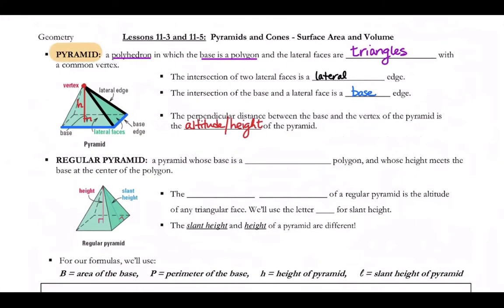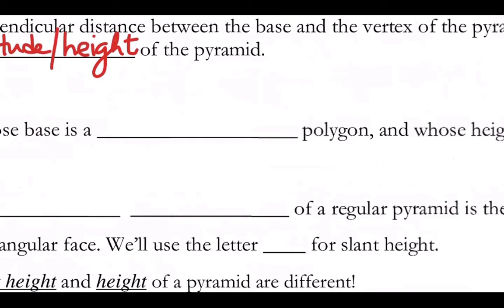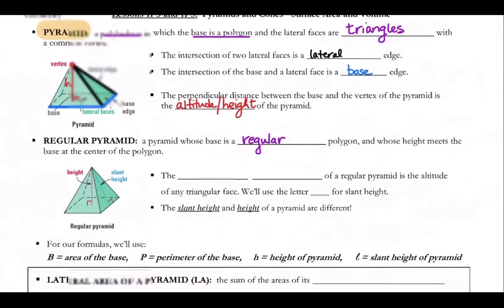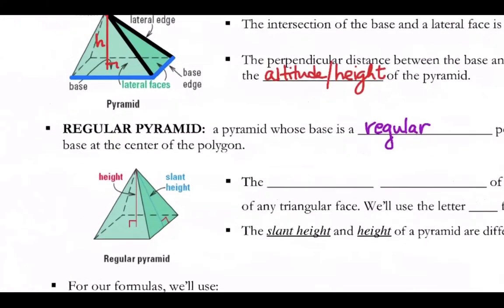Okay, all of the pyramids that we're going to be using in this lesson are going to be regular. That means that the pyramid has a base that is a regular polygon. Remember, that means equiangular and equilateral. And the height meets the base at the center.